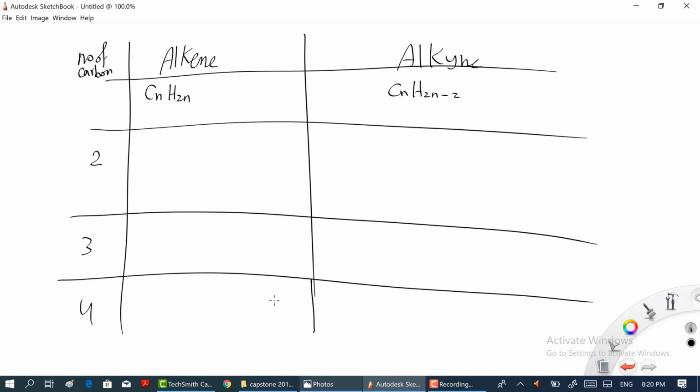So in this case, CnH2n with n equal 2, 2 multiplied by 2, so it will be C2H4. In this one, we'll find CnH2n subtract 2, so it will be C2H2.